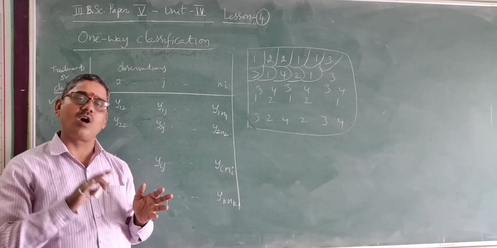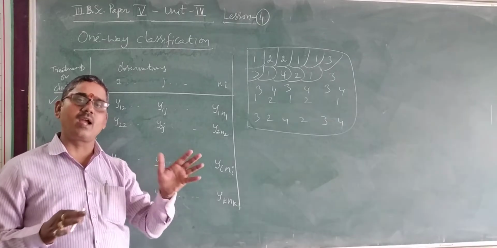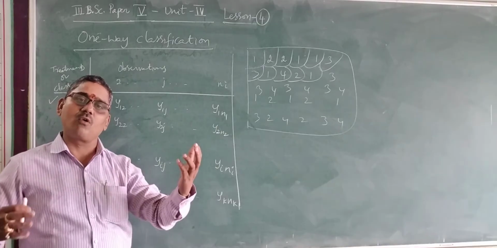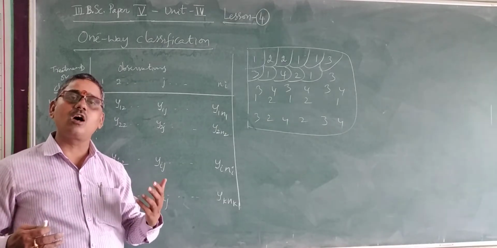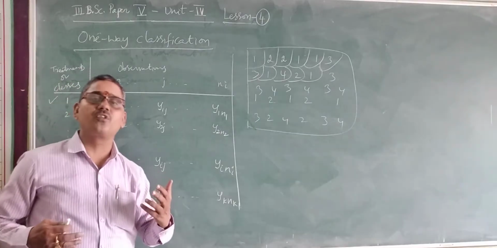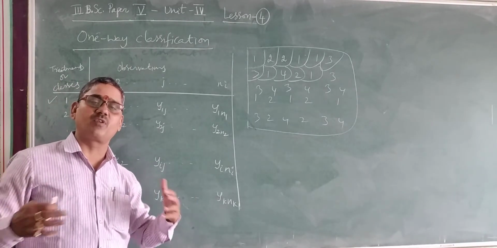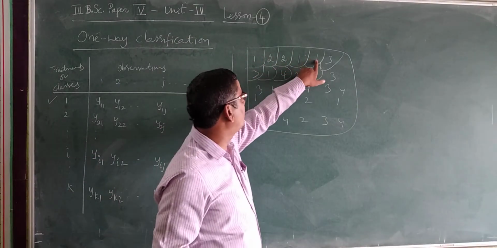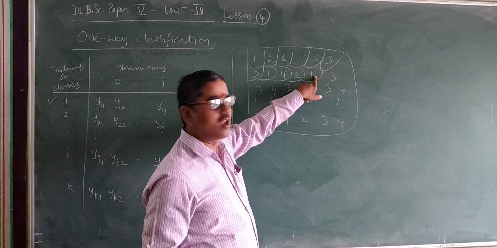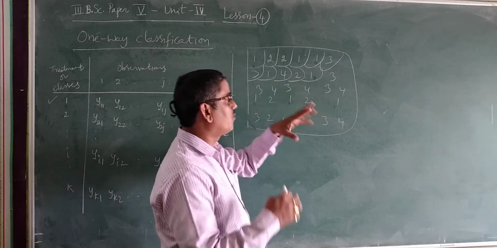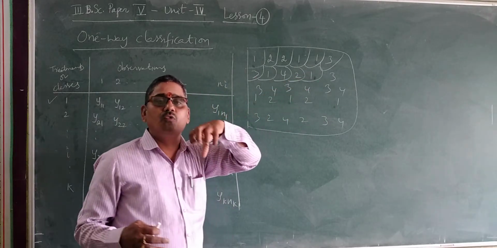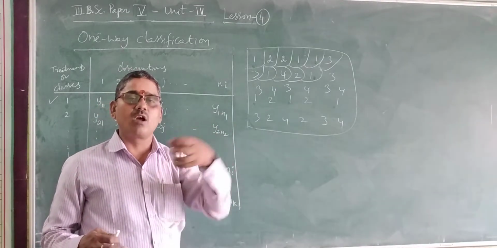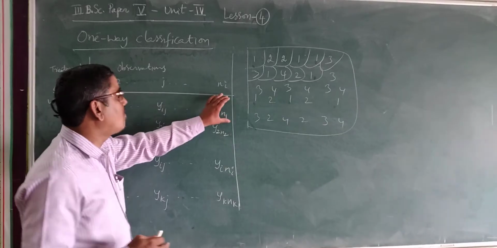Whatever treatment 1, fertilizer 1, applied on various plots in the agricultural field, from all those plots where fertilizer 1 was applied, we have taken the yield and formed class 1.